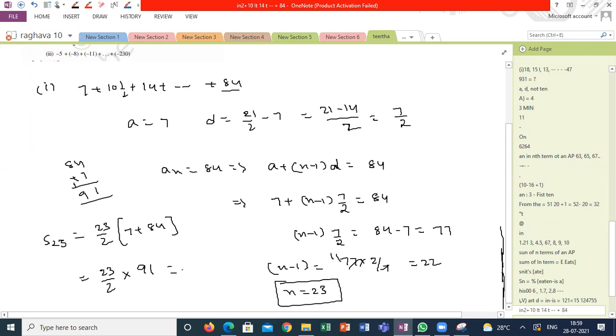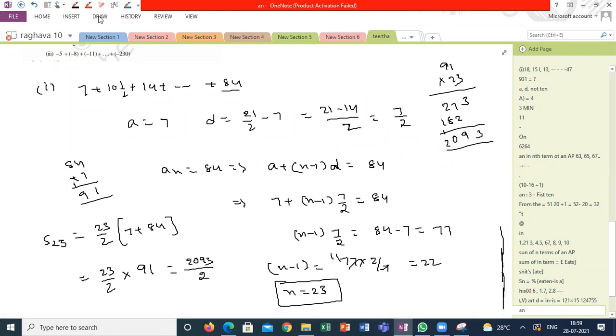So the answer is 23 into 91 by 2 in fraction. 91 into 23 is 2093 by 2. This is the final answer. You can keep it in mixed fraction also.